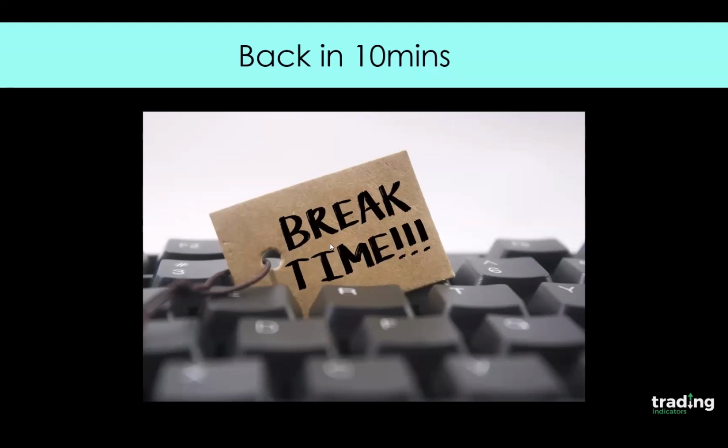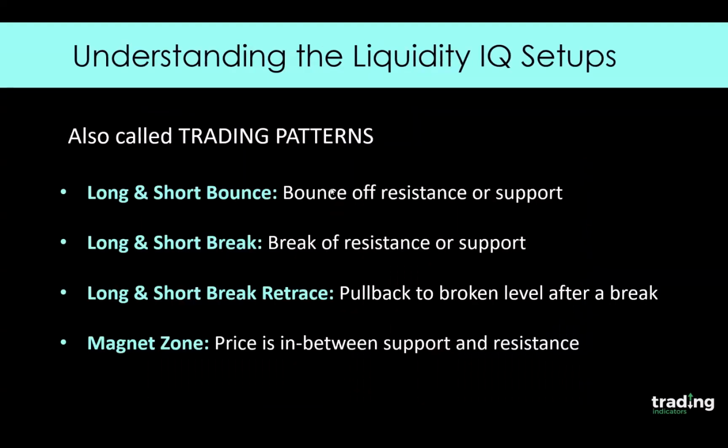A quick reminder to start things off. What are the main setups, or perhaps even we may call them patterns, that you can scan for with our Liquidity IQ setup column? Because that's typically, at least for us here at Trading Indicators, the most frequently used column. You can scan with that column for setups like long or short bounces off resistance and support.